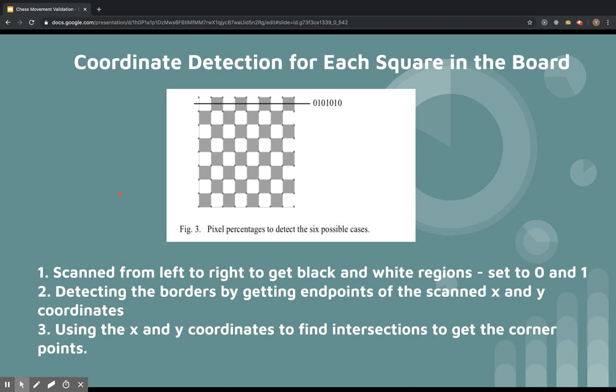If there are a lot of black pixels concentrated around a certain area, that's considered a black box. That's done to the entire image to validate it and to make sure that there are a total of 64 squares and the white and black squares are divided 50-50.